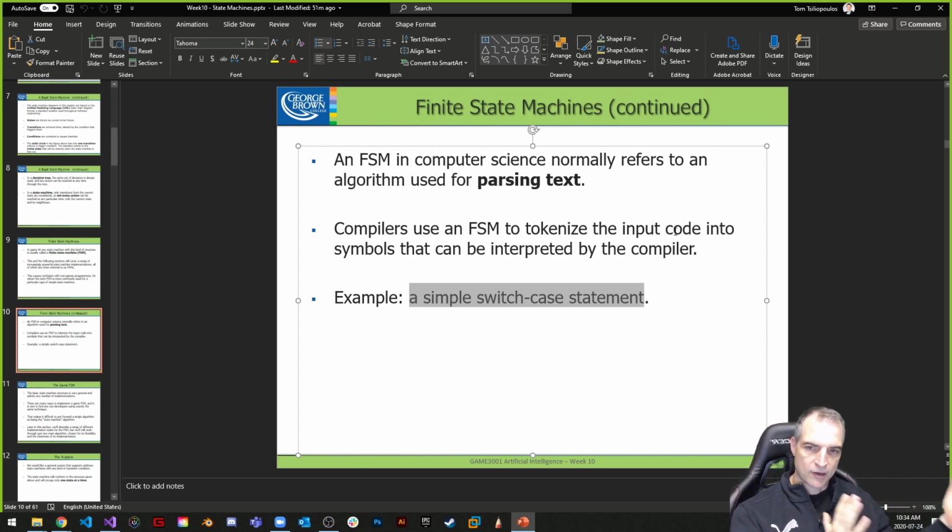Notice it's very simple. This is more like the computer science finite state machine, as opposed to the state machine we're talking about, where we look at the state of the world, the external state, and the internal state of an autonomous character. Now we're making a decision based on those two things.